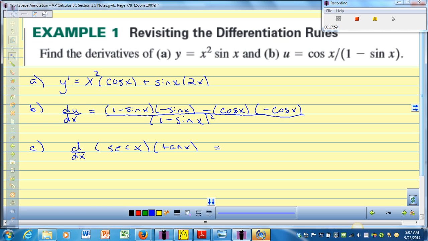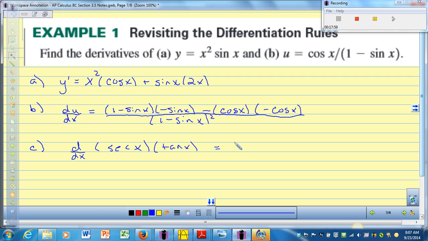That would make it quotient though, right? I think we stick with product on this one. We could, absolutely. So 1 over cosine times sine over cosine, and we would have sine over cosine squared, and we would need quotient rule, and we would need product rule in there. So let's just do product rule from here.